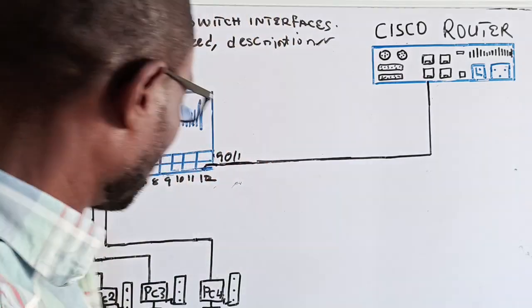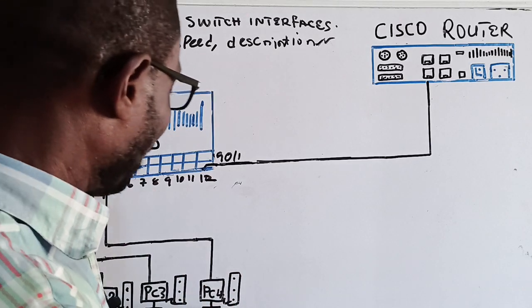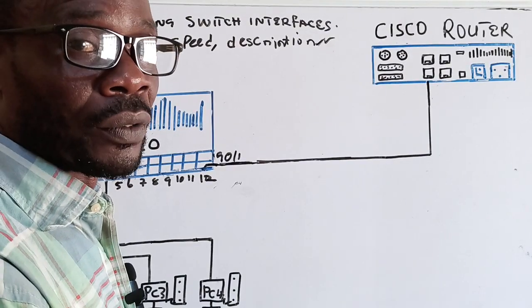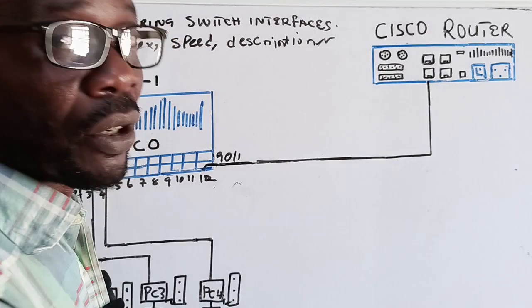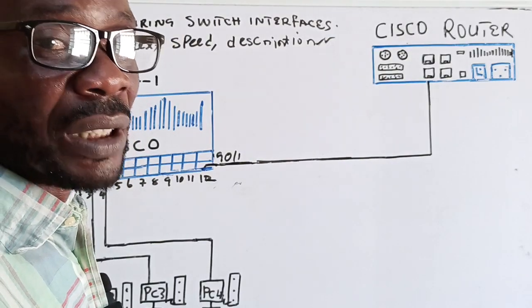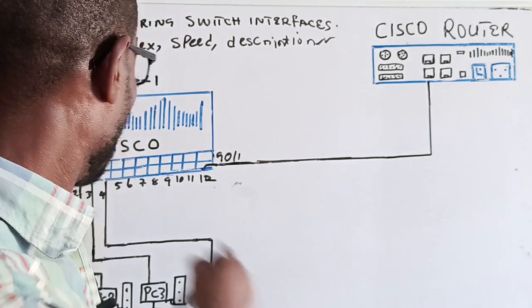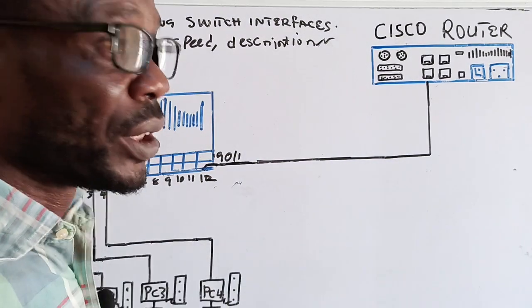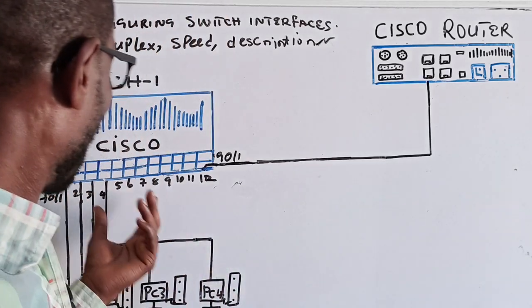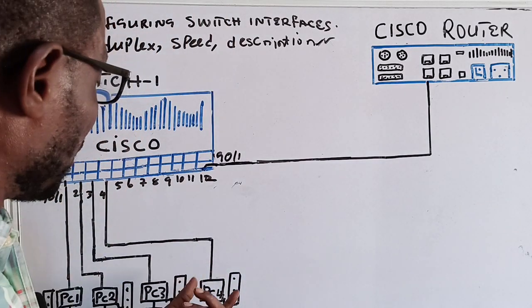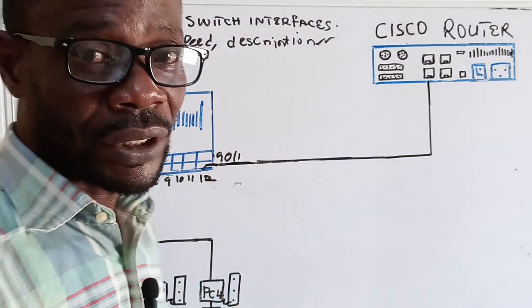Maybe the computer connected to it has a full duplex port, or a 100 megabit per second port or NIC, network interface card, while the switch is showing 10 megabit. So a speed mismatch can cause the link to start malfunctioning.